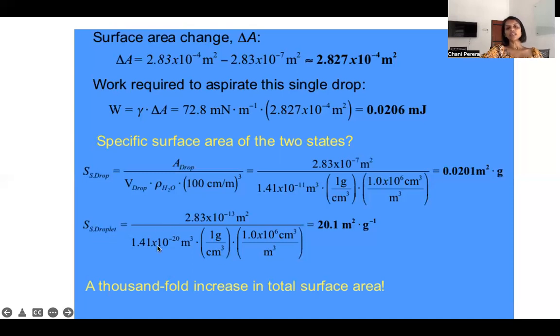And for the droplet, you divide by the volume of the droplet and the density of the water, and that will be 20.1 meter square per gram. If you compare the specific surface area of the drop with the droplet, it has increased 20 times, not 20 times, right? It has increased 1,000 times, a 1,000-fold increase in the total surface area for the droplet.